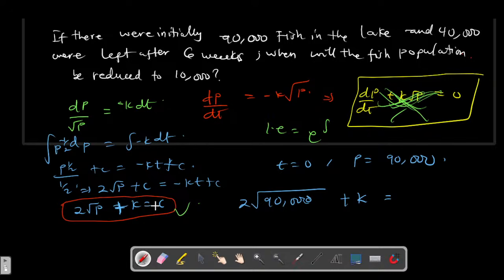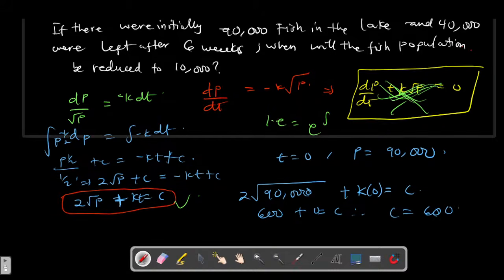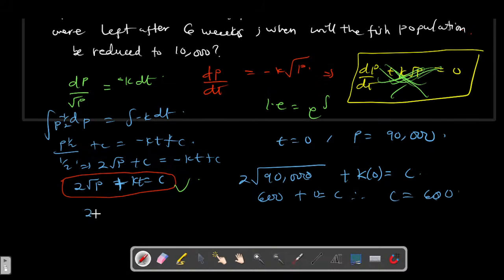The time is 0, so this becomes 0. Remember that if you have 90,000, the square root will cancel 2 zeros, and the 9 itself will be 3, so we end up getting 300. So 2 times 300 is 600 plus 0 is equal to c. Therefore c is equal to 600.